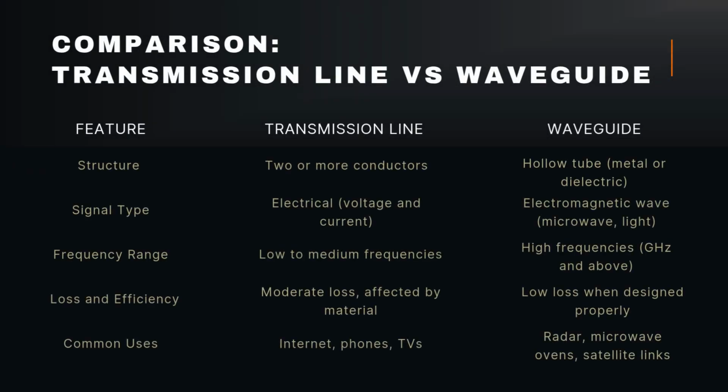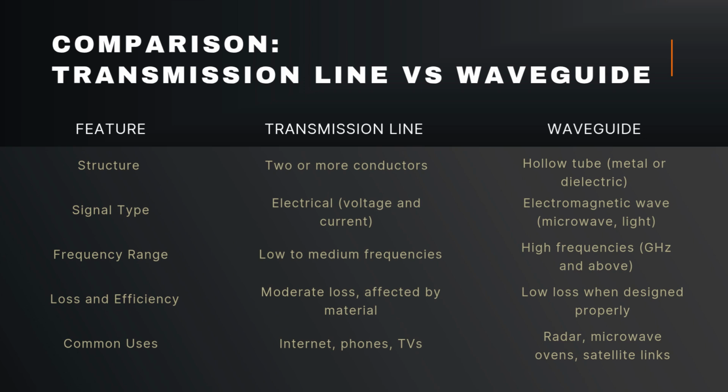Here's a quick comparison between transmission lines and waveguides. The first is structure. A transmission line uses two or more conductors, while a waveguide uses a hollow tube or dielectric. The second is signal type. In a transmission line, it has voltage and current, while the waveguide has an electromagnetic wave. The third is frequency range.